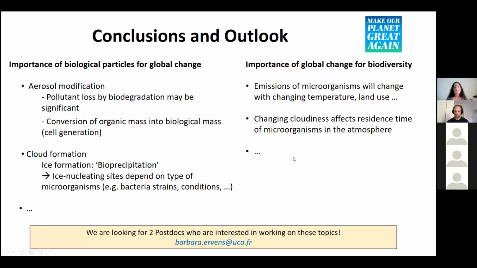So now I want to conclude, in the spirit of the Make Our Planet Great Again program. What is the importance of biological particles for global change? Well, I cannot really put a number on it yet, but we think they can modify aerosols by biodegradation and can also grow sufficiently to increase biological mass.